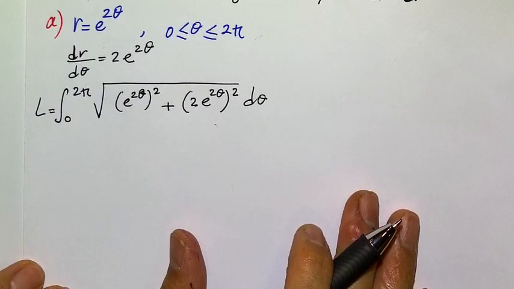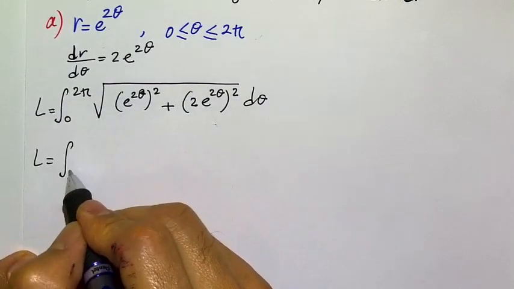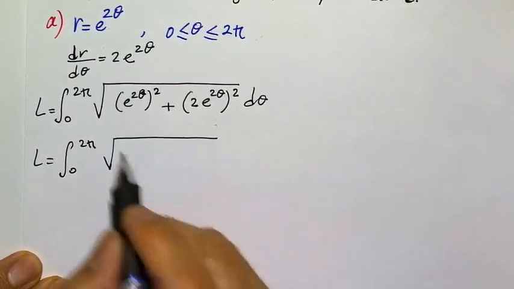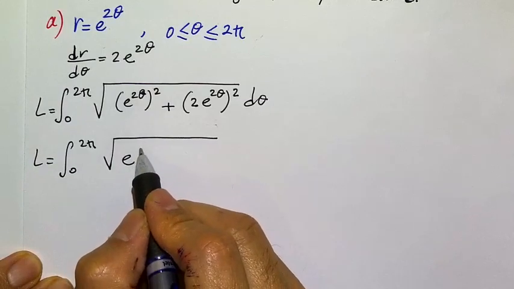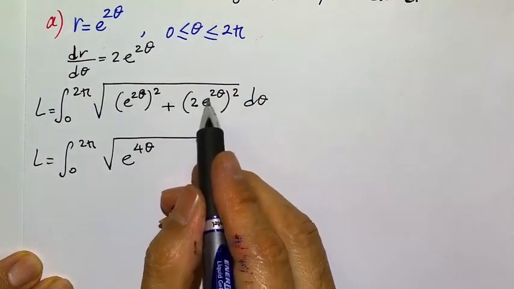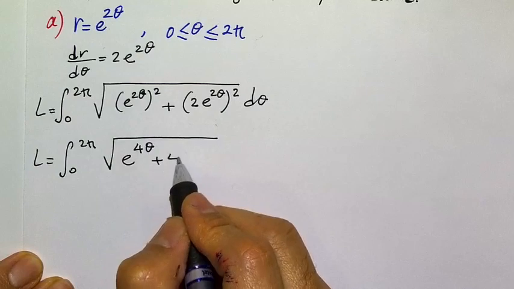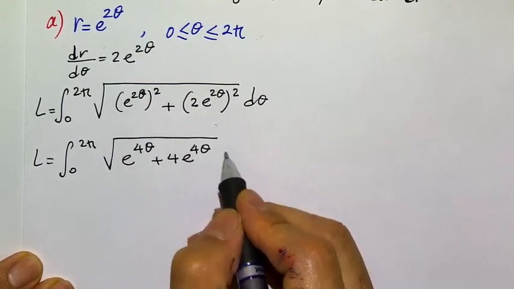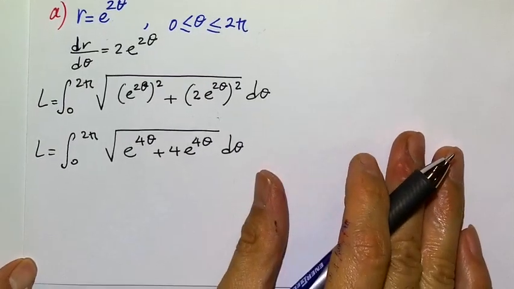And then L would be equal to integral from 0 to 2 pi, square root of, distribute the power, what do you get? You get e to 4 theta, plus, again, 2 squared is 4, times e to 4 theta d theta, right?